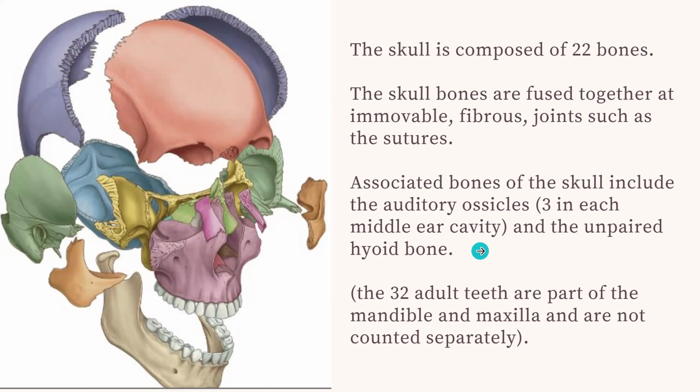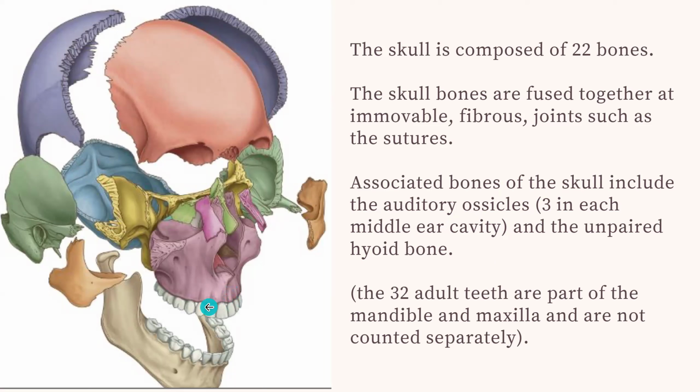That makes seven bones, which are added to our 22 bones, so they make 29 bones. Some references consider them as associated bones.